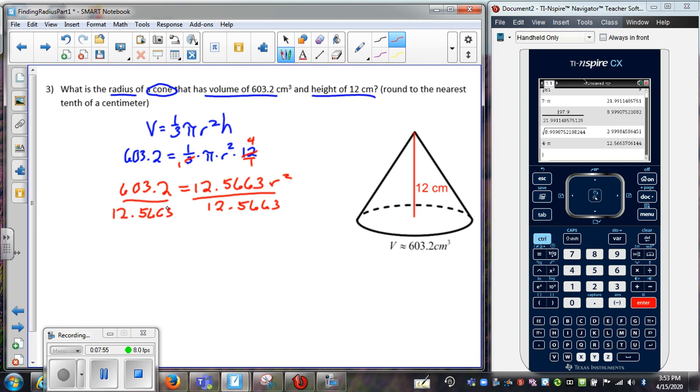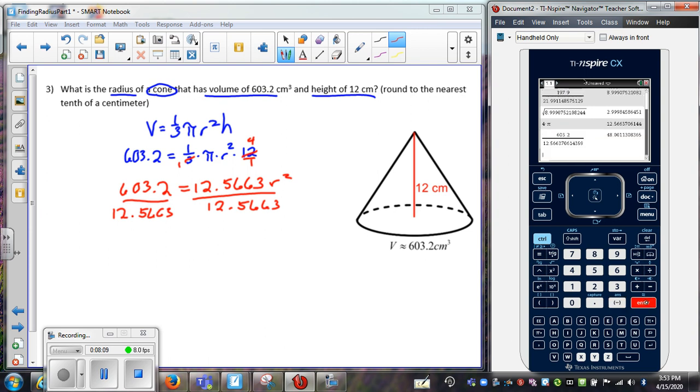So you can divide that on your calculator, or if you want, let's go 603.2 divided by, and I'm going to go with the answer again. I like using that function. So it looks like I'm getting 48.00, I think that's 17, or it's 11. Let me double check that.